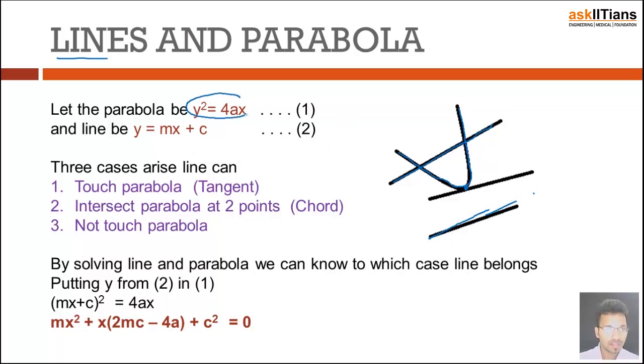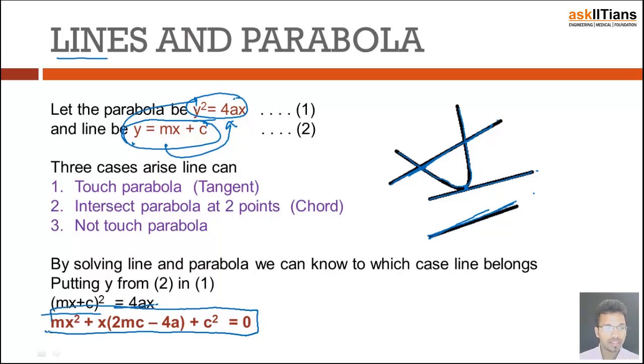So if this is the equation of the parabola and this is the equation of the line, by solving this line with the parabola and applying the condition of roots, we can see whether the given line is a tangent, which is touching at 1 point, whether it will form a chord, intersecting at 2 points, or it will not touch at all. So what we can do is solve this by putting y square as done in this, and you will get a quadratic.